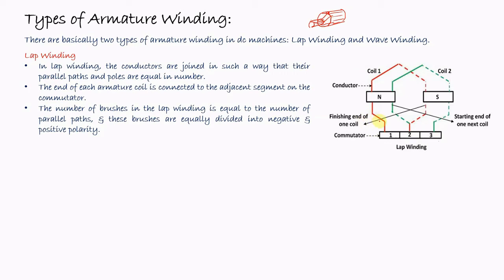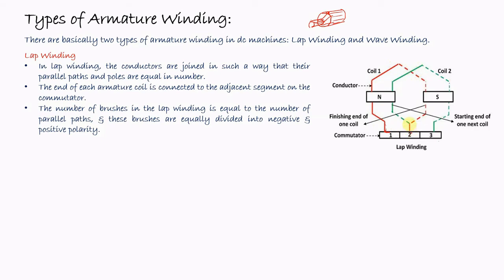In case of lap connection, the connection is like that. The winding is placed here, the conductor is placed here, and the turn will be completed in the adjacent commutator segment. In segment 1, the first turn started and it will end at segment 2.